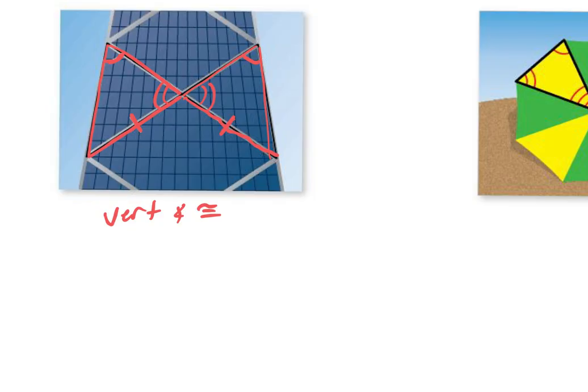So is the side between the 2 angles? No, we don't know this side. So it's angle, angle, and then a side. The side is not between them. So we would say these 2 are congruent because of angle, angle, side. Okay? Any questions about how to label those and mark them and identify which one it is?